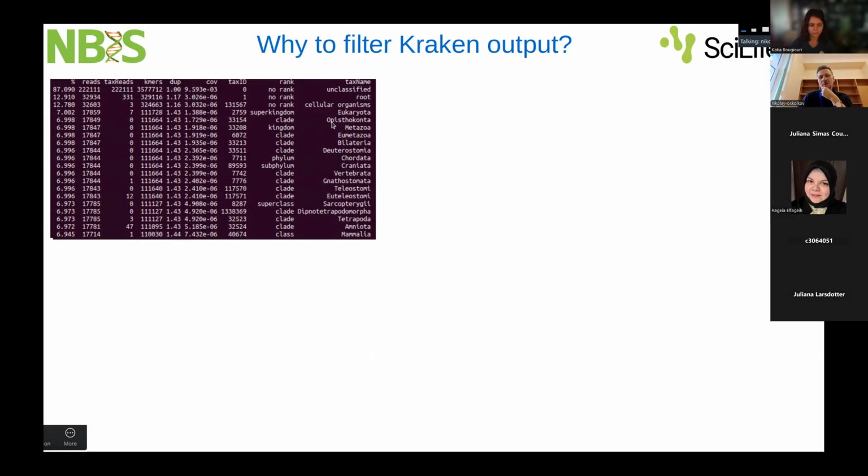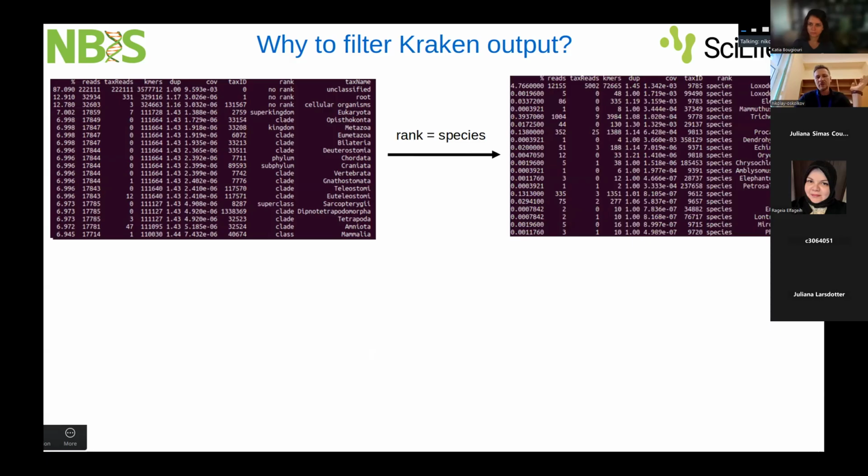But there are a few ways to filter Kraken output, and I highly recommend it. The point of this slide is to demonstrate how dramatically the information you learn from Kraken output changes when you gradually apply different filters. So for example, you can pick just species.